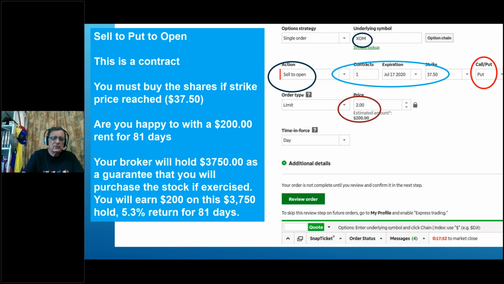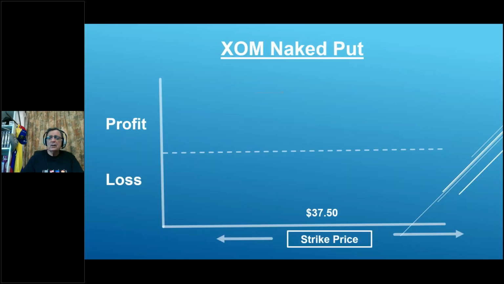Okay. So let's have a look. So here we are. Okay. And the first number up there should be where the stock is now. And we're afraid it's going to come down. Okay. And we're not afraid. We want it to come down. Okay.